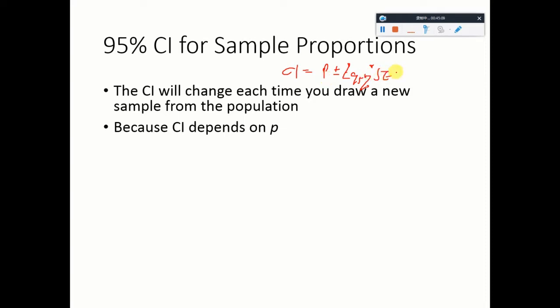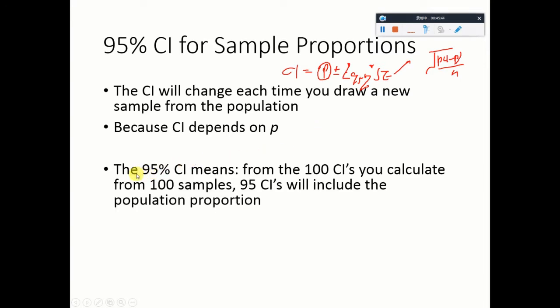The standard error of the sample proportion equals the square root of p times 1 minus p divided by n. So if we know the sample proportion, then we know its standard error. But each time you draw a new sample, this p will likely be different. It could be the same, but likely will be different. So the confidence interval will depend on the proportion.